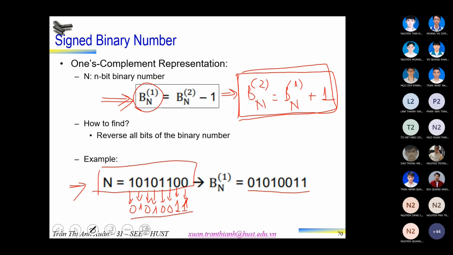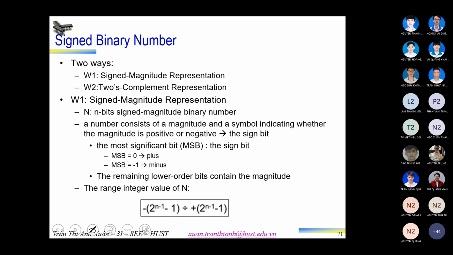Next, the definition about signed binary numbers. There are two ways to express a signed binary number. The first way uses the sign-magnitude representation, and the second way uses the two's complement representation.